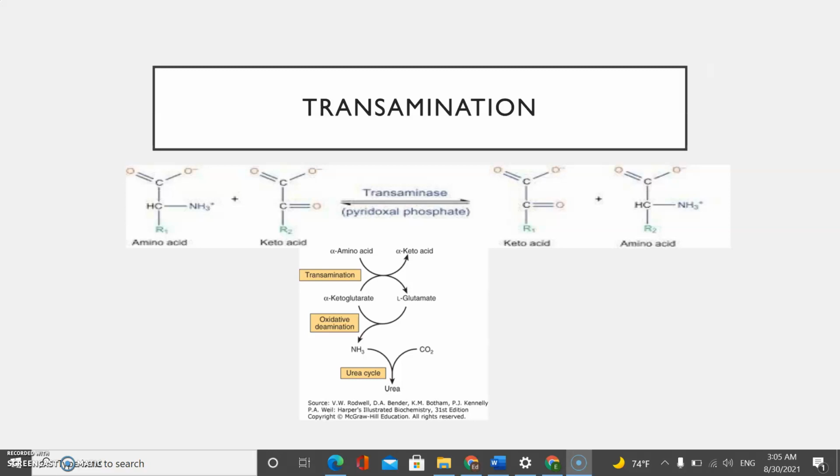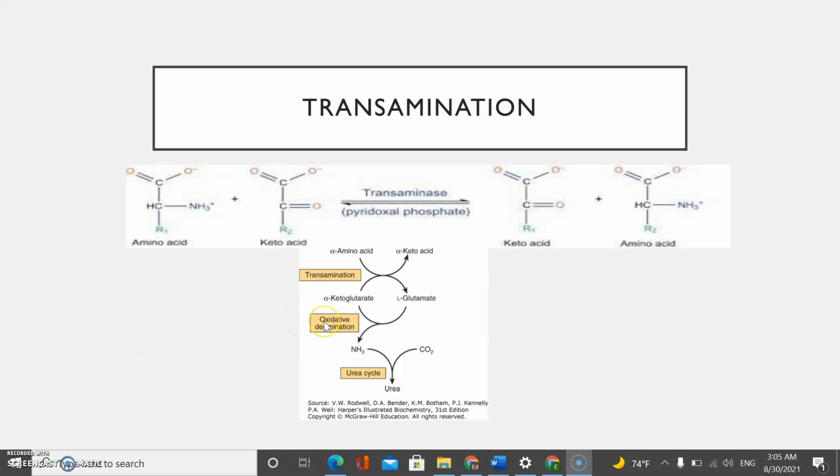As shown here, an amino acid, an example is alanine, interacts with a keto acid, an example is ketoglutarate, to produce a different keto acid, an example is pyruvate, and a different amino acid, an example is glutamate. The transferase enzyme in this case is alanine aminotransferase.